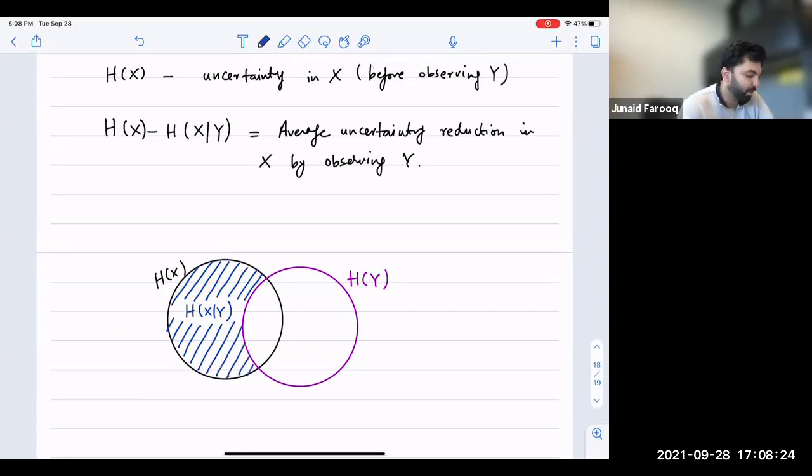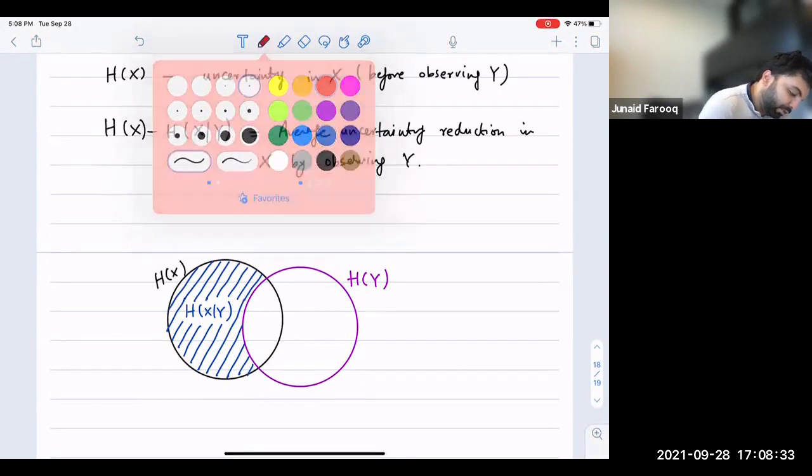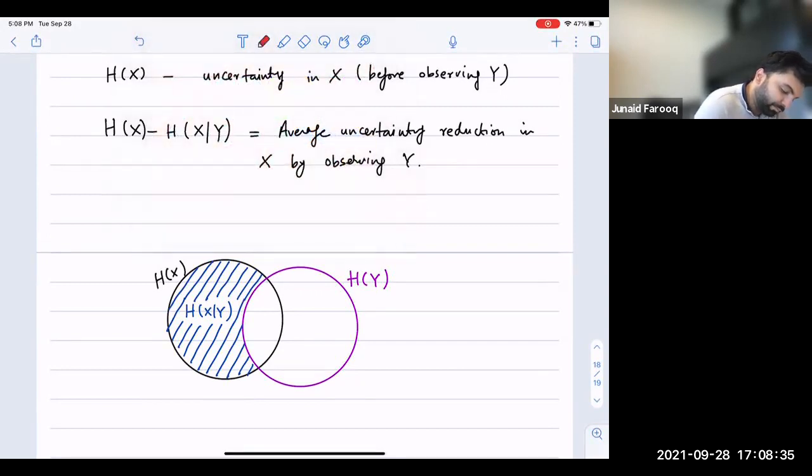Whatever is remaining in X, if you remove Y, is going to be the h of X given Y. And the same thing, if you look at the h of Y and you remove the uncertainty due to observing X, then this will be h of Y given X. That's going to be this part here.